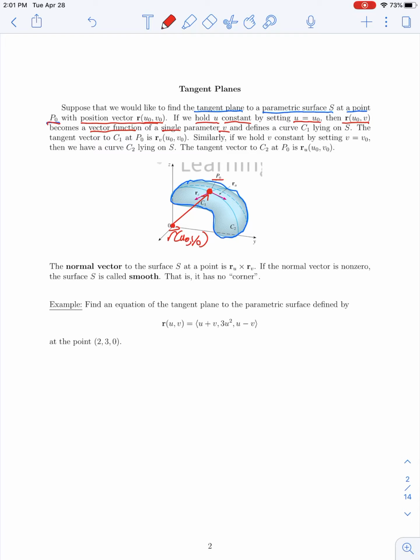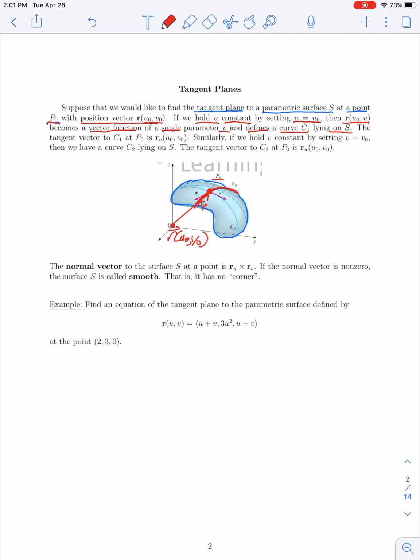So this defines a space curve C1, which lies on our surface. The reason it lies on the surface is because our u value was taken to be u naught. And as v ranges over its range of values, we get a curve C1, which lies on the graph of our surface.